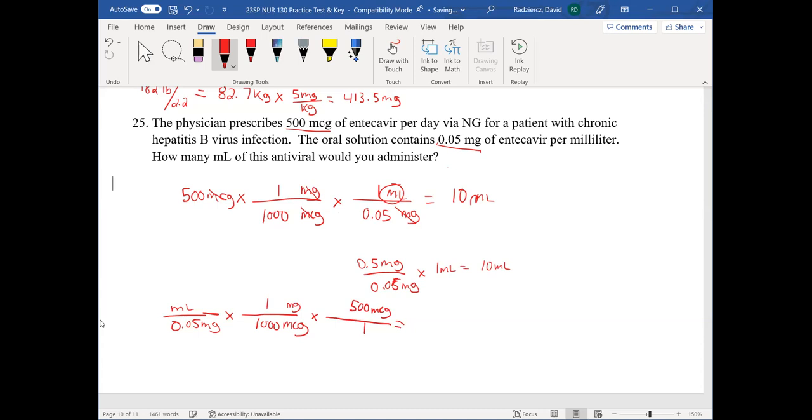The alternative way is to convert right off the bat. So if you convert the 500 micrograms to 0.5 milligrams from the get-go, or your 0.05 milligrams to 50 micrograms, then you're in the same unit, and now you can do the math.